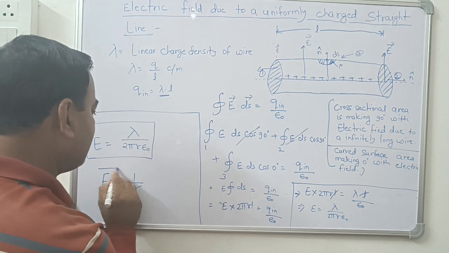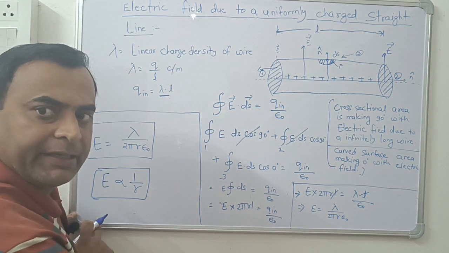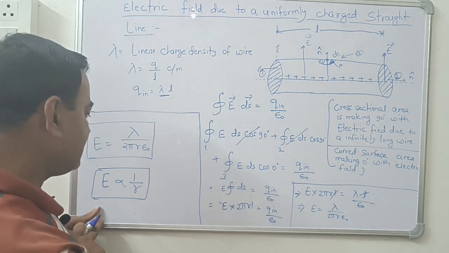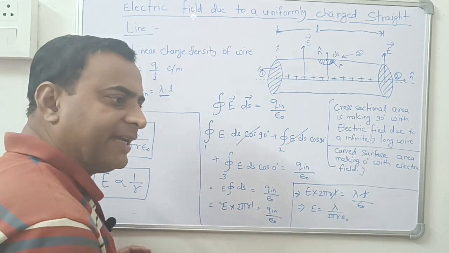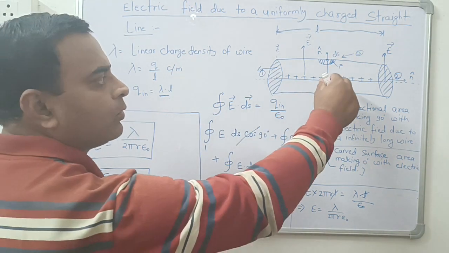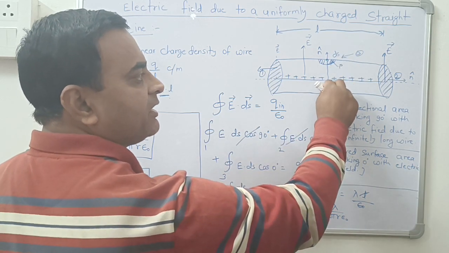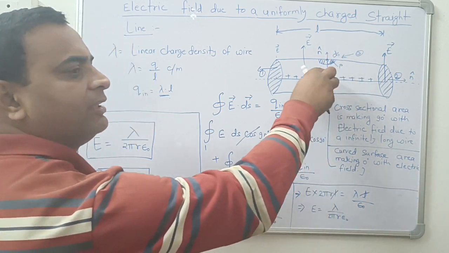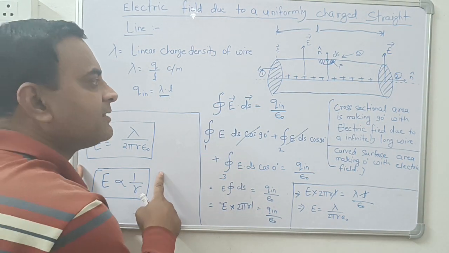E is inversely proportional to r. So as you go further and further from this wire, the electric field will reduce. This is what the equation says.